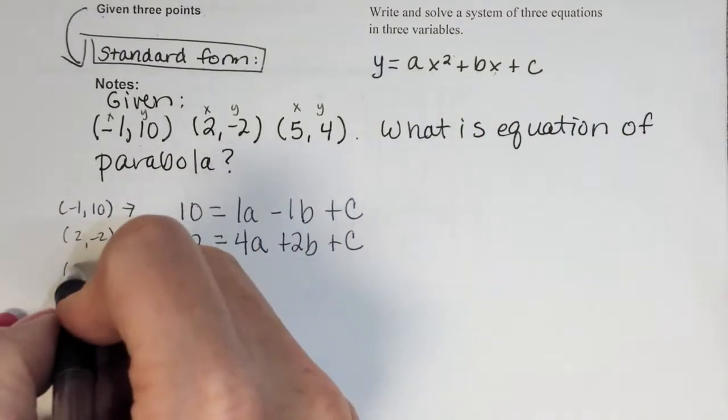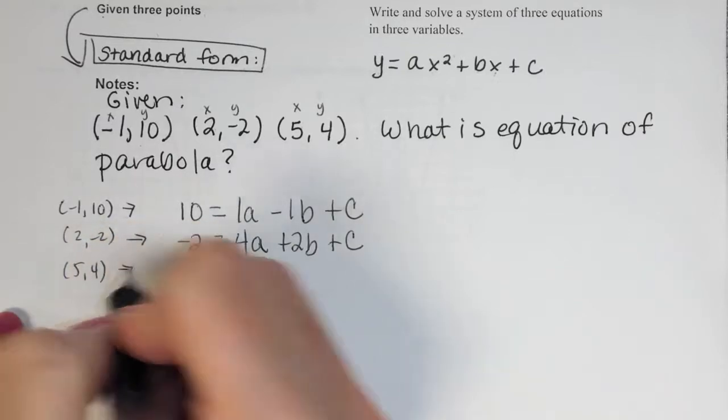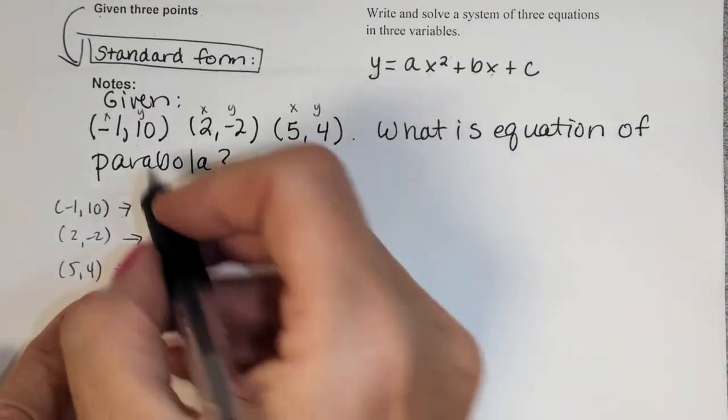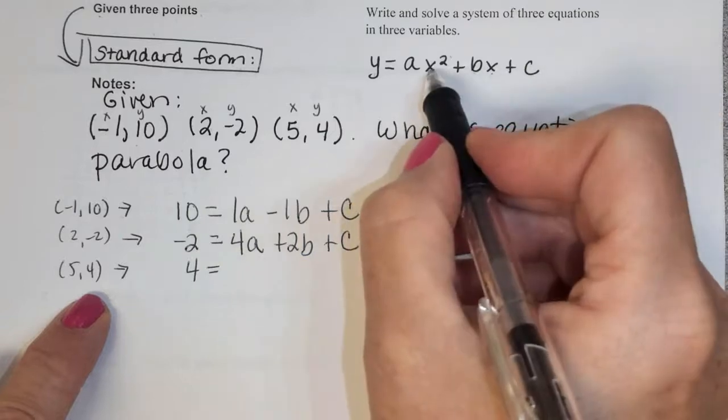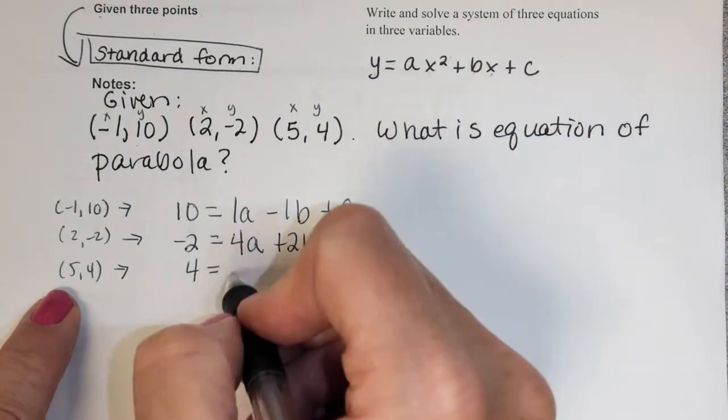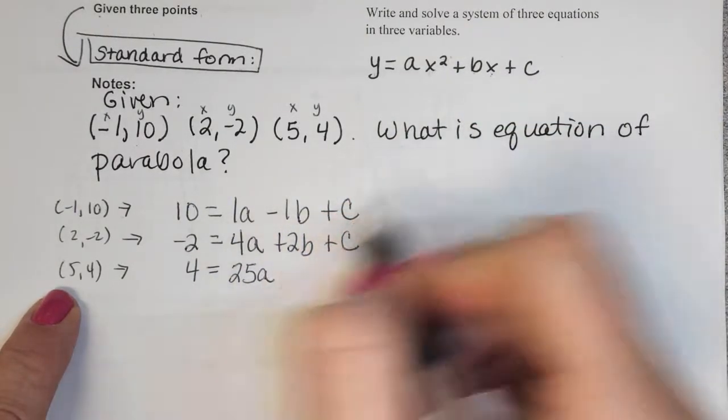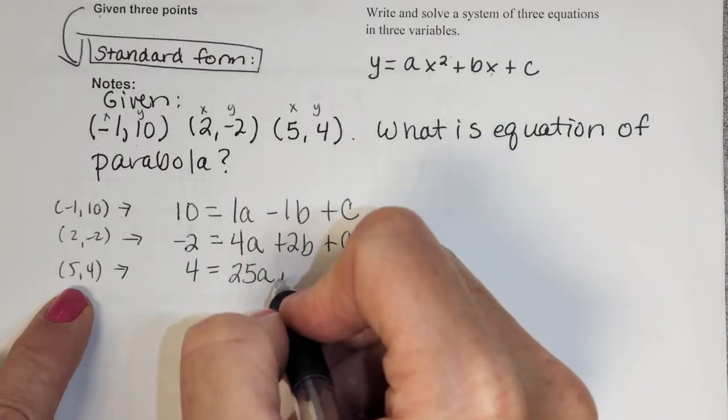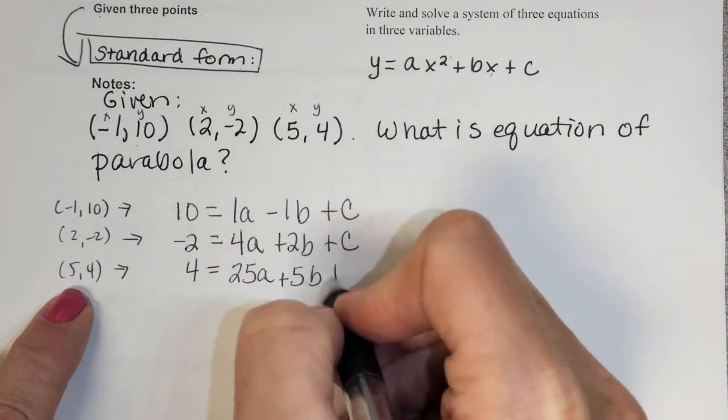Using my last point, 5, 4, I would plug in 4 for Y. I would plug in 5 for X, 5 squared, so 25A. I'd plug in 5 for X again, and I'd get this.